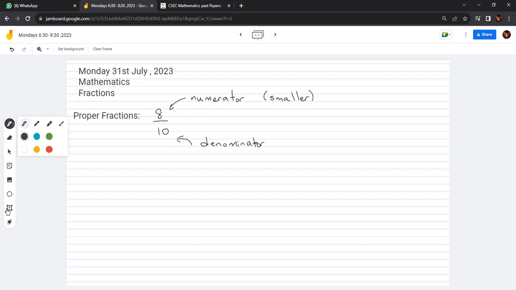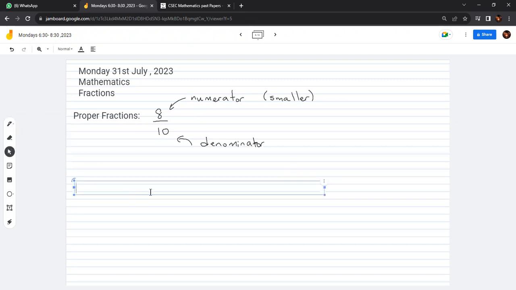However, if the number on top is bigger, then think of a lollipop. If the sweetie part is bigger than the stick, then it wouldn't be able to stand on its own.